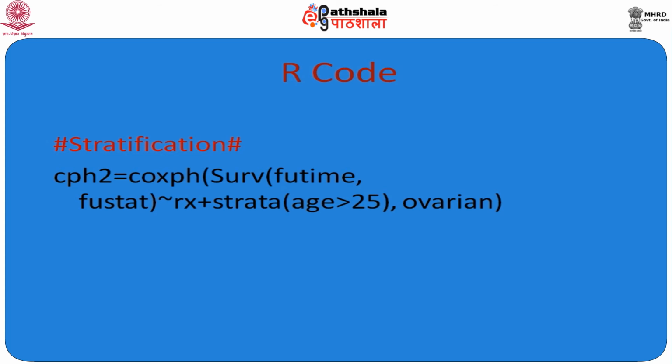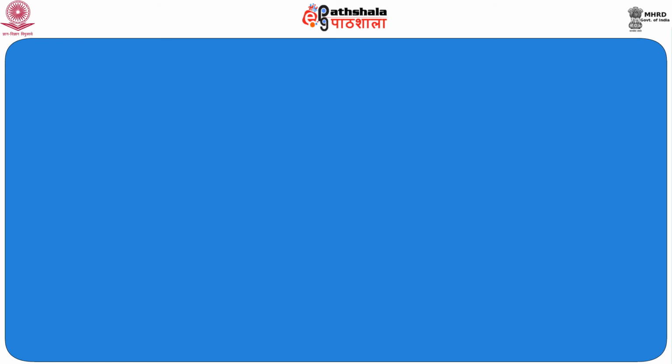This is the function to run stratified Cox proportional modeling, and we assign this object as CPH2, again equal to the coxph function, and within parentheses Surv, FU time and FU stat follows Rx and strata. We run the coxph and get the result. Let's see the results output.